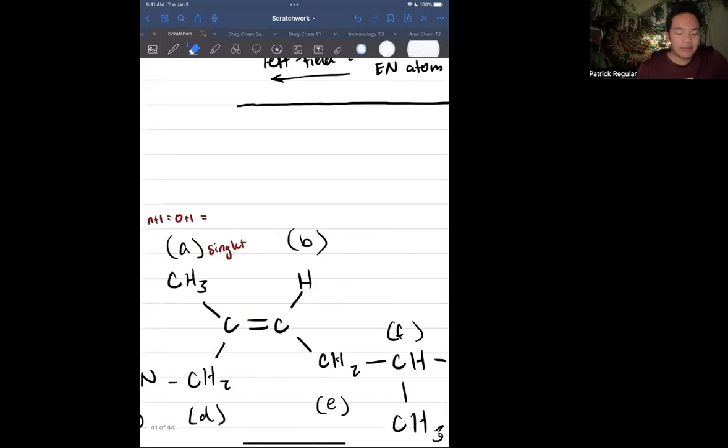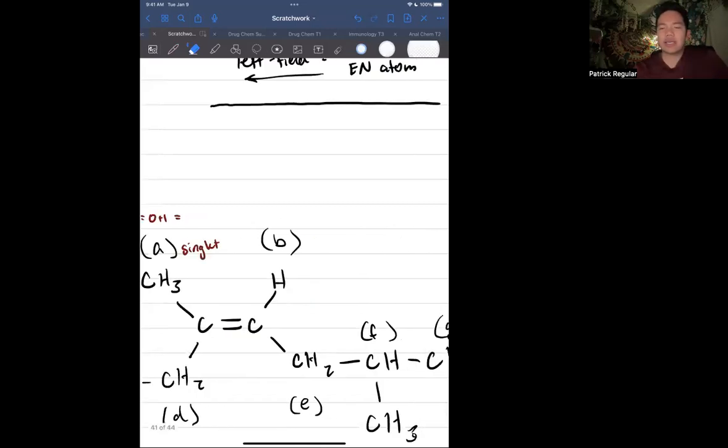Now let's look at B. B might look a little weird because it's connected to the carbon and kind of shown stretched out. It's just a little bit of an optical curveball. Well, you might be thinking, this carbon that is connected has no other hydrogen, so wouldn't that also be a singlet? No, that's the one it is attached to.